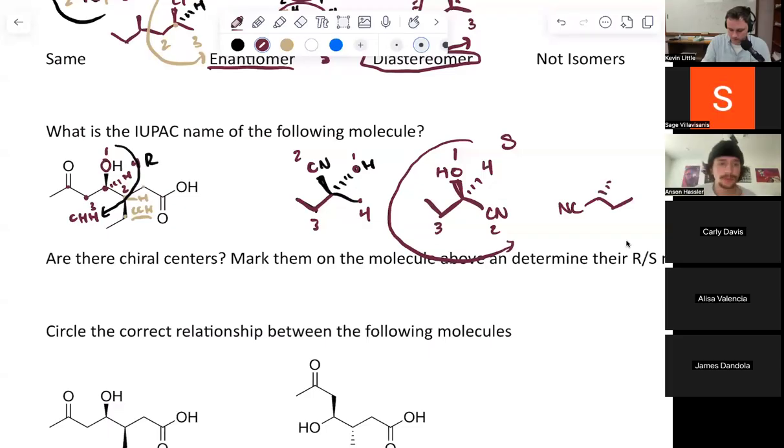So you're saying do this. Well, no, the OH would be where the methyl would be since that'd be the lowest priority, I think.